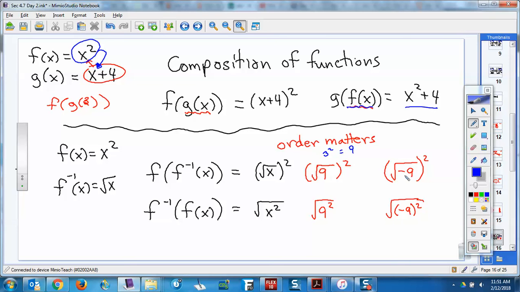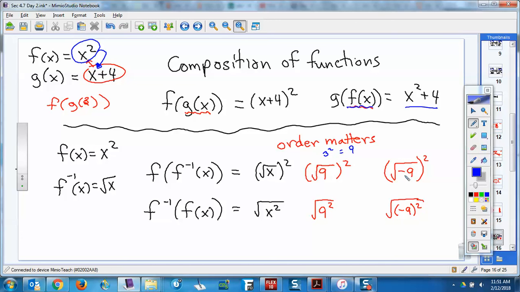Okay, let's try with a negative 9. What's square root of negative 9? If we're talking about the real numbers, it doesn't exist, right? But you guys did imaginary numbers last year, didn't you? Remember the i? Let's just do that real quick. So what is square root of negative 9? 3i, right?